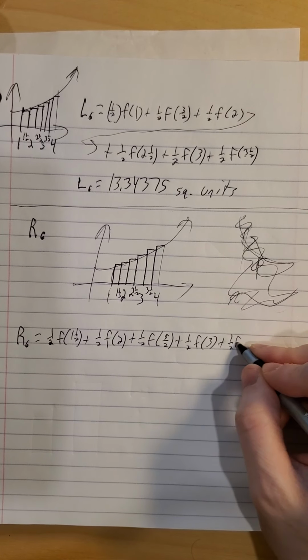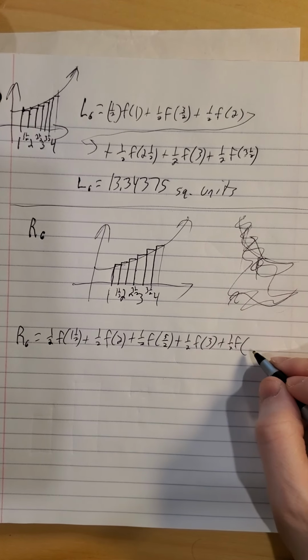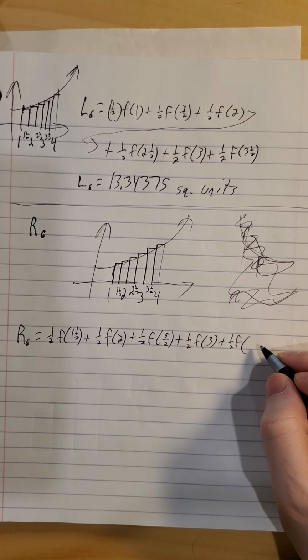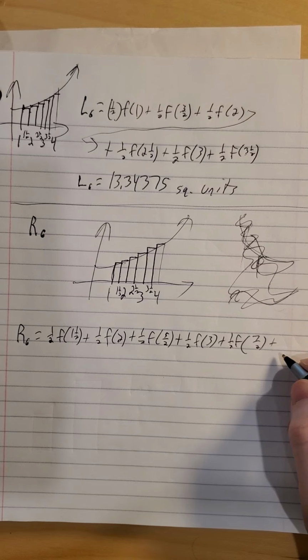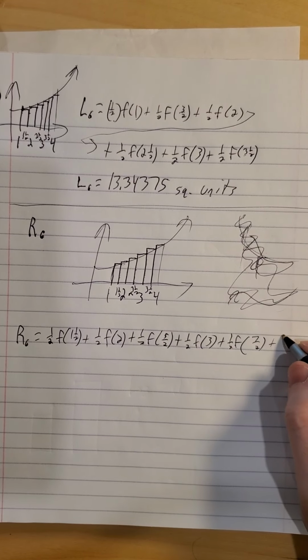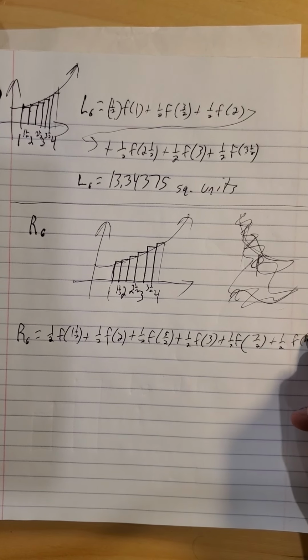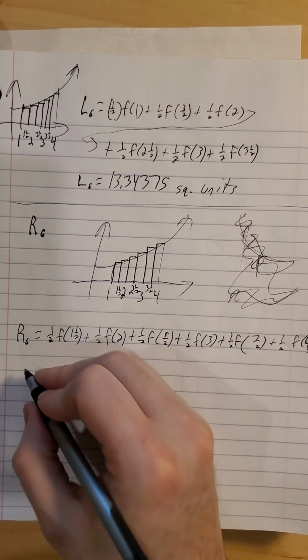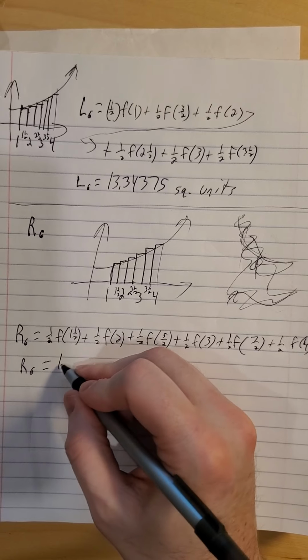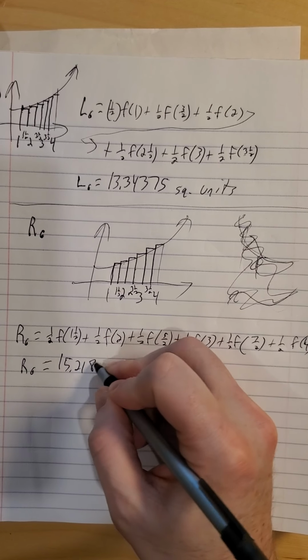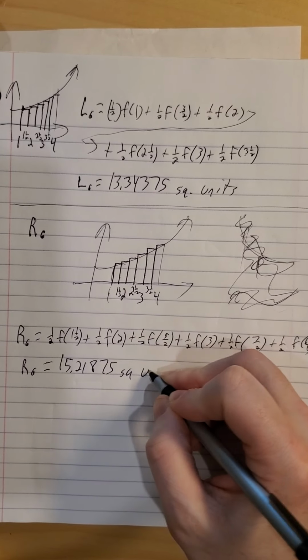Half unit wide, 3 1/2 determines the height, so f of 7/2. And then our 6th and final rectangle, half unit wide, f of 4 units tall. So you do some plugging and chugging in that, and you should come up with 15.21875 square units.